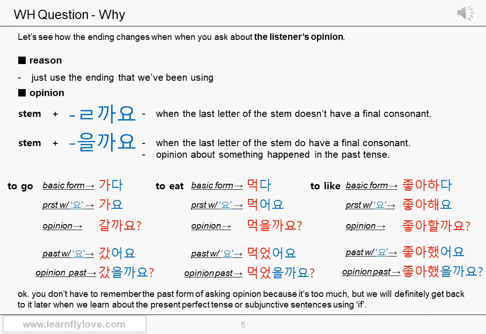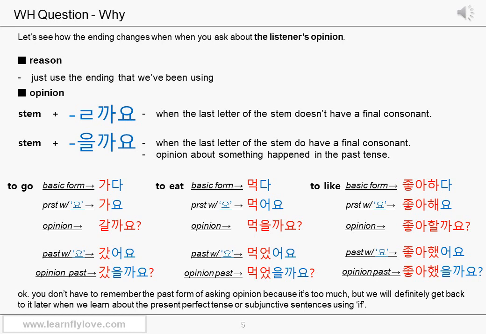To go. The basic form of the verb go is 가다. And the stem is 가, which doesn't have a final consonant. When it combines with the honorific suffix 요, it becomes 가요. And we should add a final l sound and 가요 to ask about the listener's opinion.